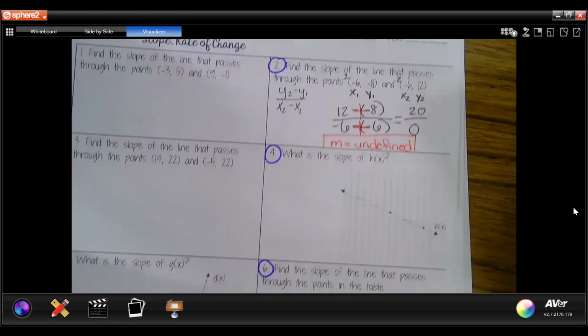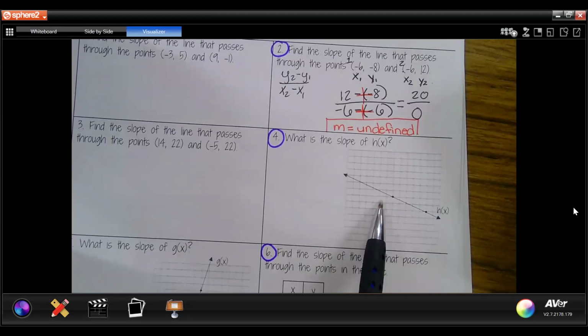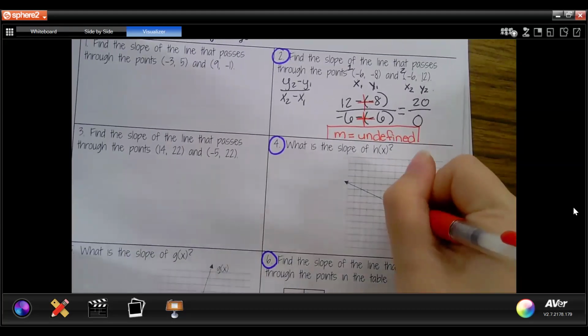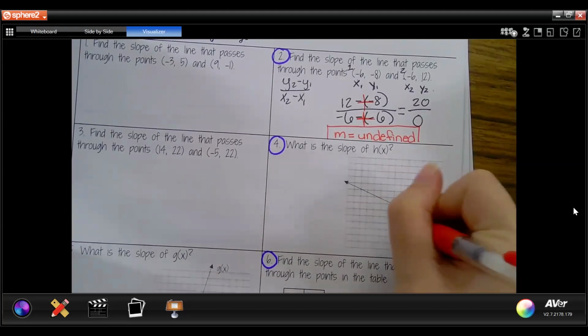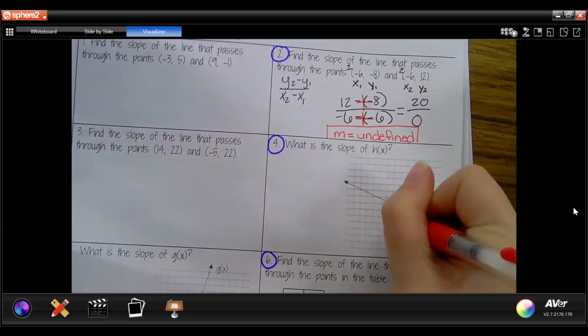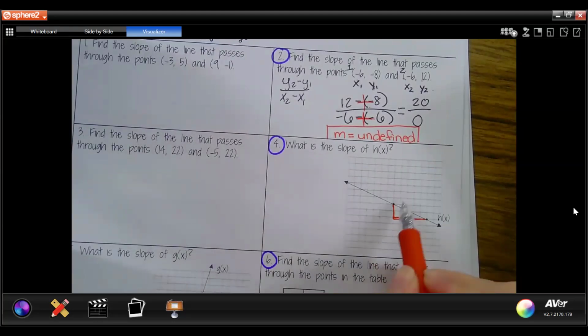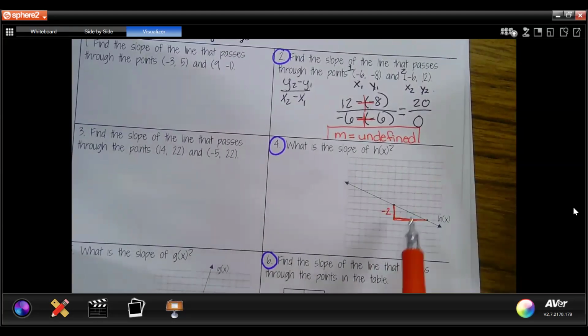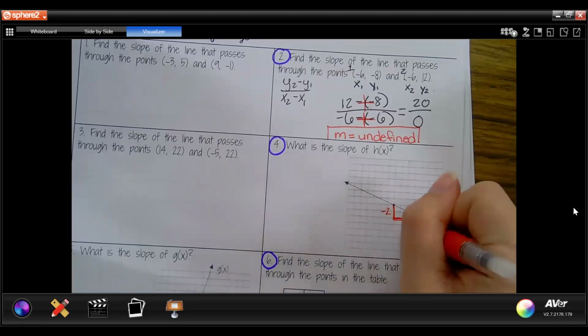Okay, my next one, number 4, like I said, it gave us the pretty points for us. So this will make it a little bit easier. And so we are going to do our rise and our run, making that slope triangle. Our rise, we went down 2. Our run, we went over 1, 2, 3, 4, 5.